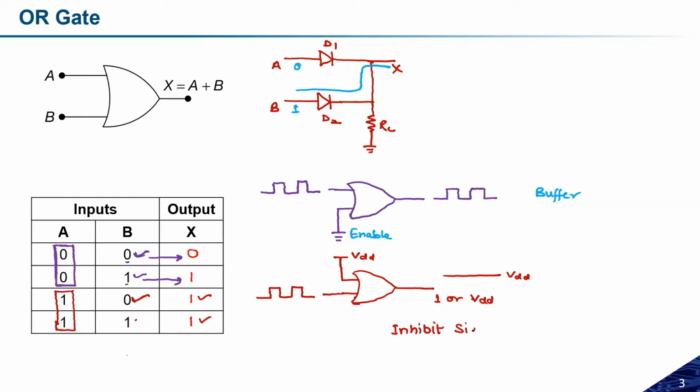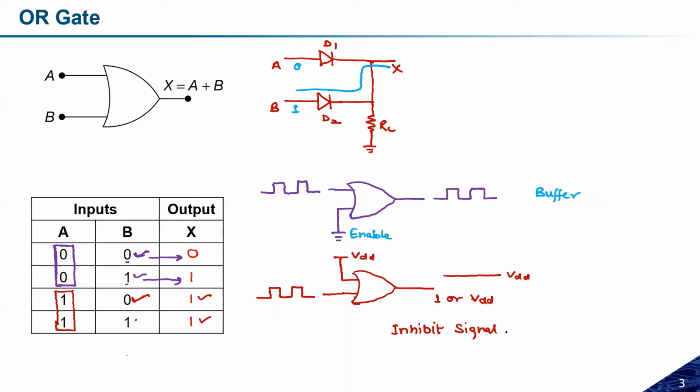Inhibit signal means that after providing any input to any logic, whatever input I give, the output is the same, not changing with the change in the input. Then we can call them inhibit signals. So this is how the OR gate works, and this is important to understand.